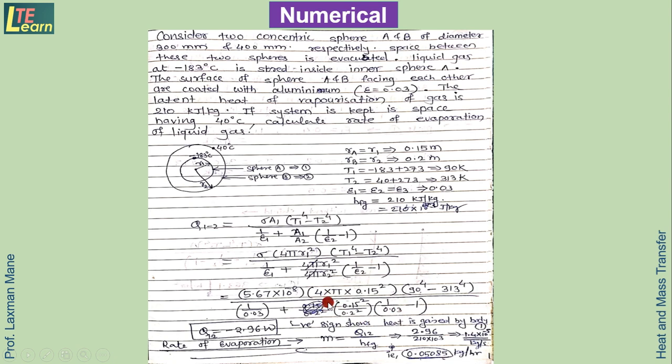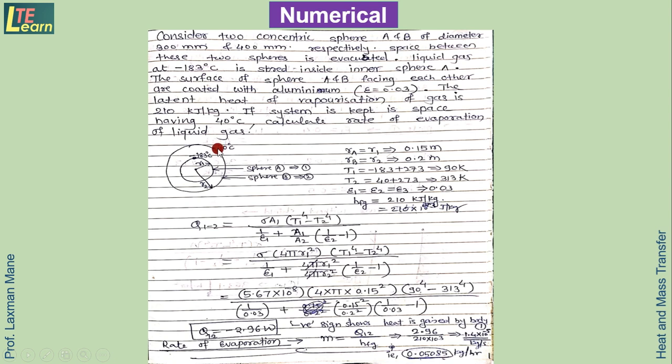Doing this complete calculation, we get the value of Q12, the heat exchange between surfaces 1 and 2. This value has come out negative. The meaning of this is that heat is gained by the body.